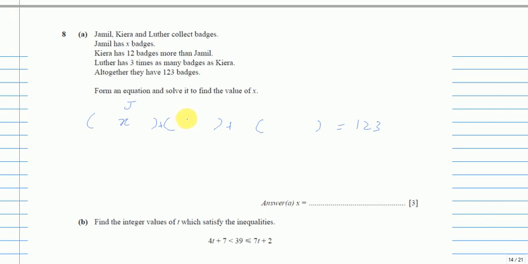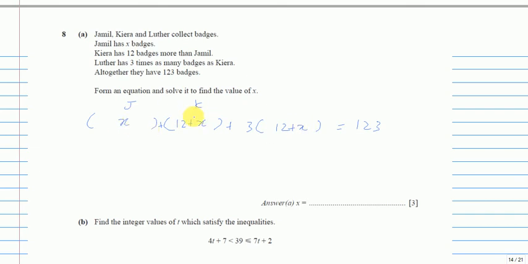Kiara has 12 badges more than Jamil, so Kiara has 12 plus X. And Luther has 3 times as many as Kiara. 3 times as many means 3 multiplied by Kiara's, which is 12 plus X. We have found the equation now, and I'm going to solve it.